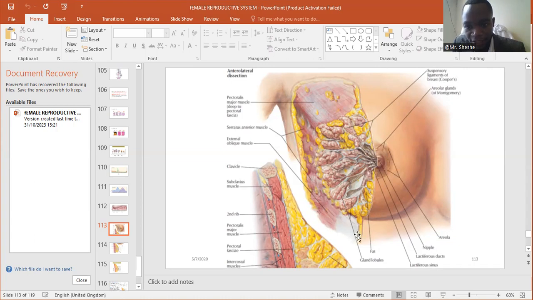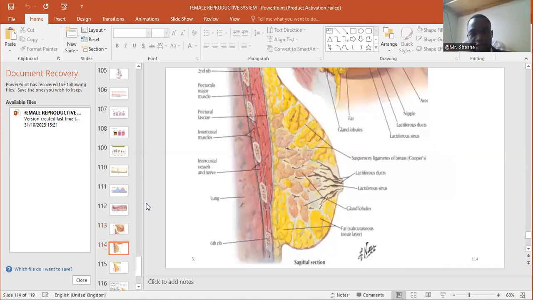Okay. Now, if you dissect the breast, you cut it like that. Let's see what is found underneath. We are now viewing the breast from the lateral view. So that is your skin. And be reminded that skin is always followed by superficial and then deep fascia.